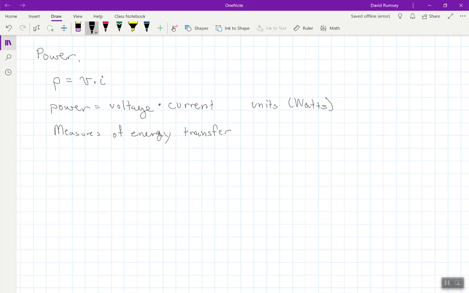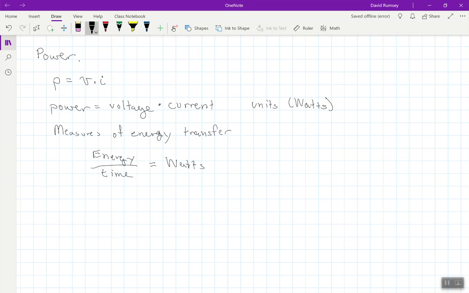In other words, if you do all the unit cancellation here, which we're not going to do, you would have energy over time is actually what a watt is. The amount of energy you're delivering over time. So that's what a watt is. It's how much energy is being either delivered or absorbed by it.